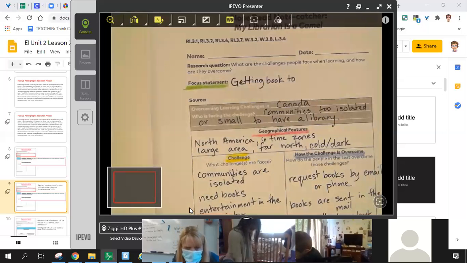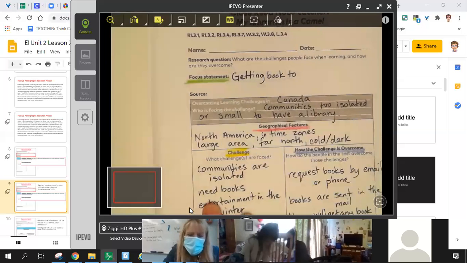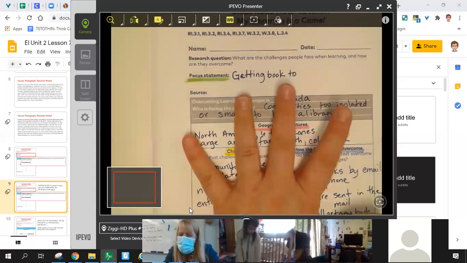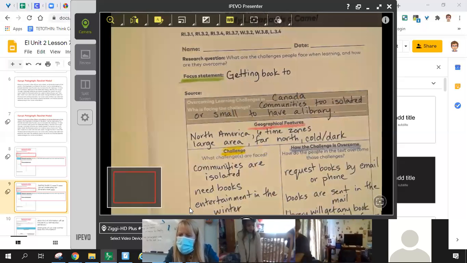So the next part has a blank, because it says who are facing the challenge. In mine here it is Canada, but think about who in your country. In some places it's children, right?